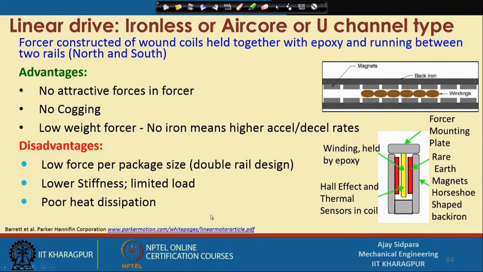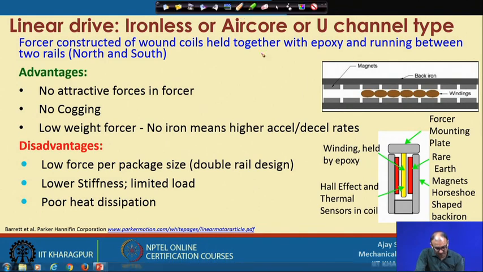Right. Poor heat dissipation, because in the earlier case we have seen that we had proper heat movement from one location to another, but right now the whole thing is very highly fixed within the system. So, movement of air is very difficult here. These are the magnets and this is the coil.